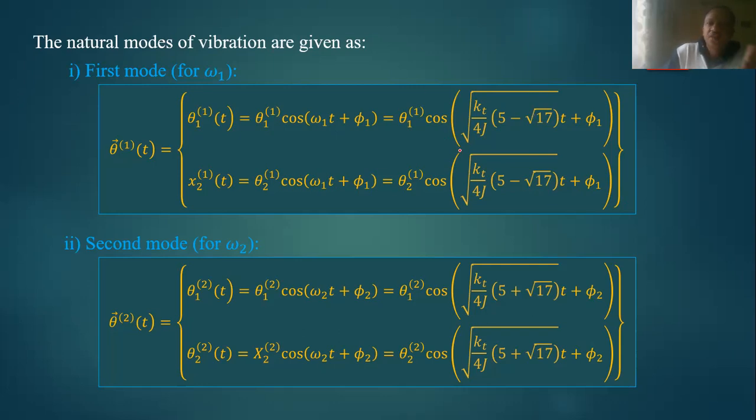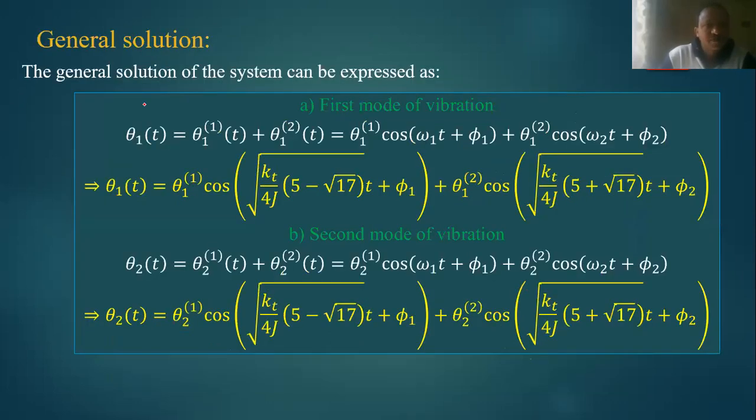So substituting our frequency values, we have this equation. Finally, for the second mode, we have the same representation like this. Then we superimpose the first mode with the second mode, and finally we get the solution.